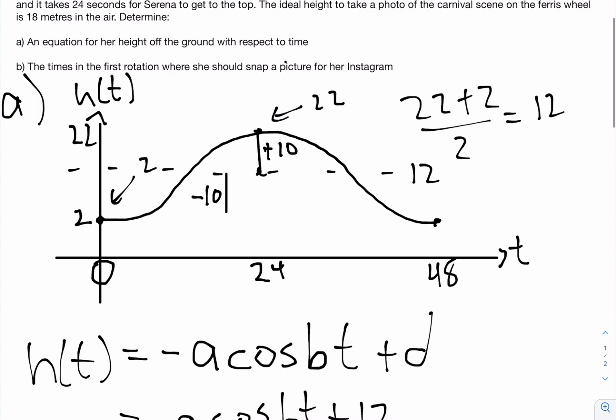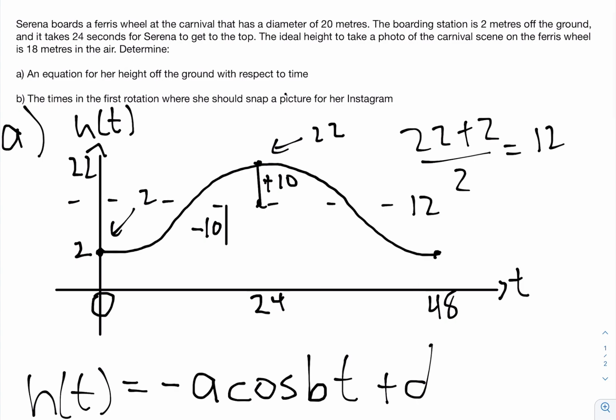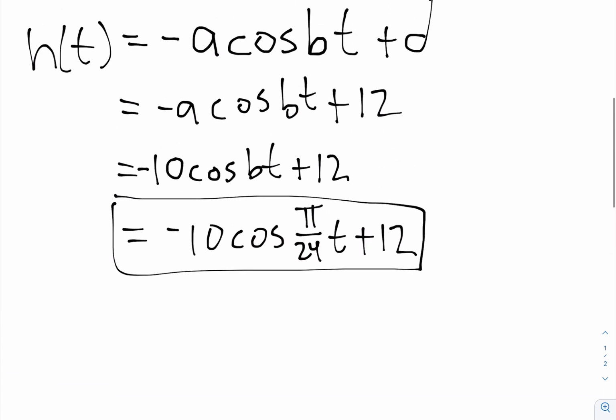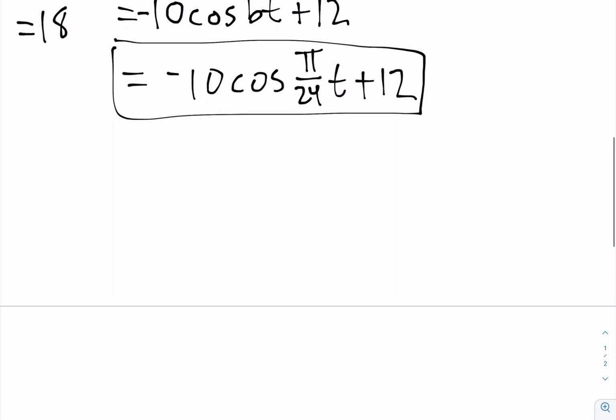And now for part B, it says, find the times in the first rotation when she should snap a picture for her Instagram. Well, remember in this sentence here, it says the ideal height to take a photo is 18 meters in the air. So that must mean that h of t, our height, equals 18 for part B. So for part B, I'm going to put h of t.